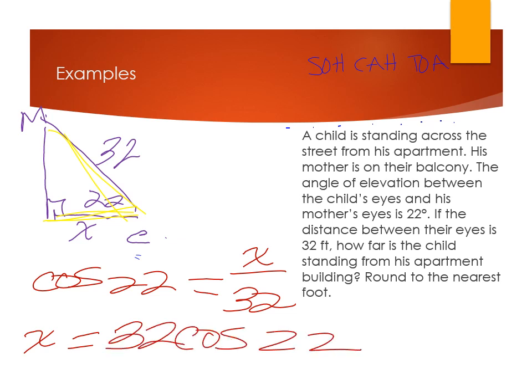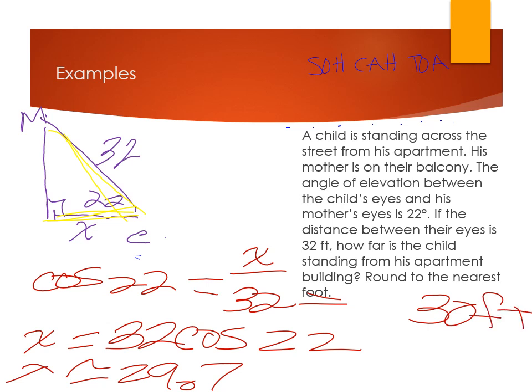We need to multiply both sides by 32 to get x by itself. And when you do that and plug that in your handy dandy graphing utility, x is going to be approximately 29.7, but we are asked to round to the nearest foot. So in this case, the child is 30 feet from the apartment building.